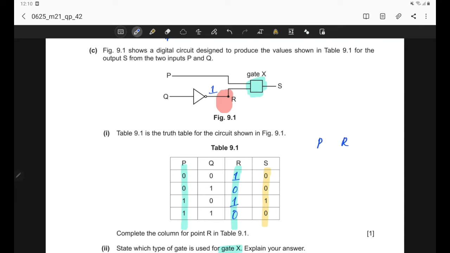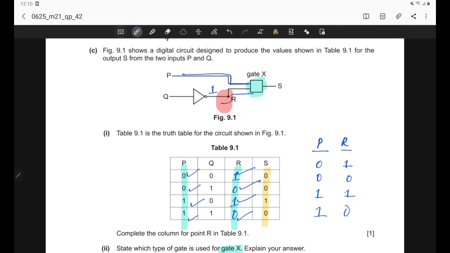So we can see, as P is one input and R is the other input, these input values are 0 1, 0 0, 1 1, 1 0. This is the first input combination, this is the second, third and fourth input combination.